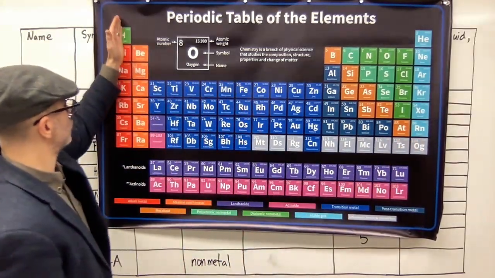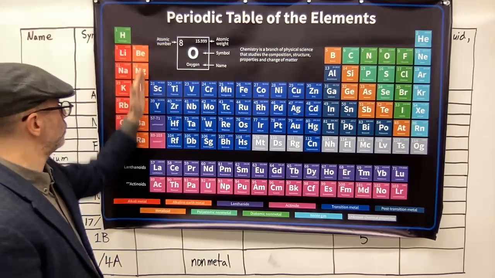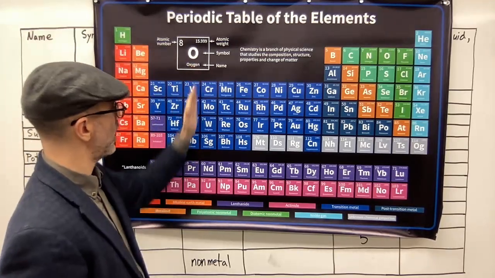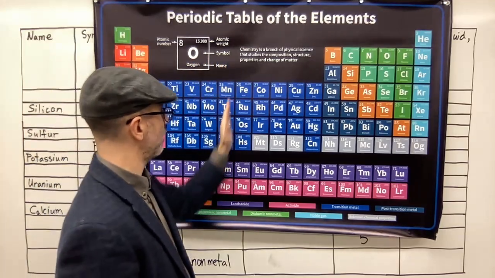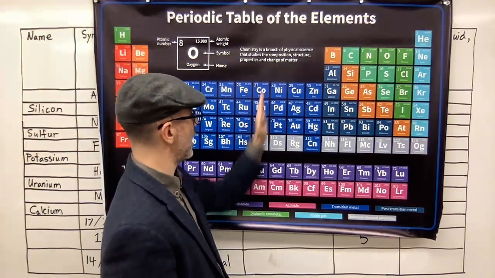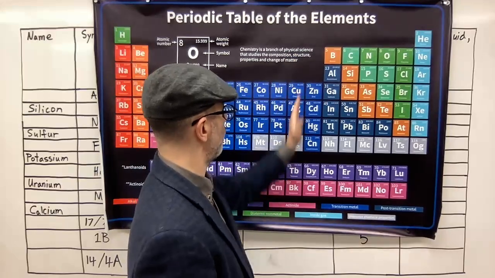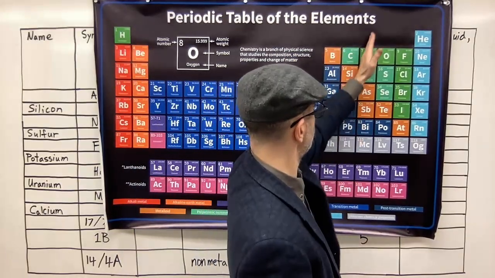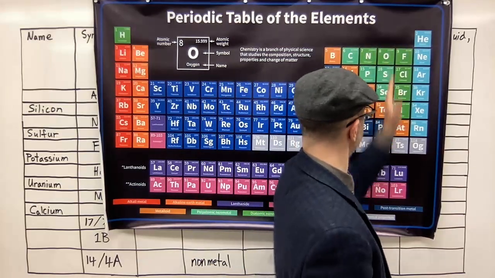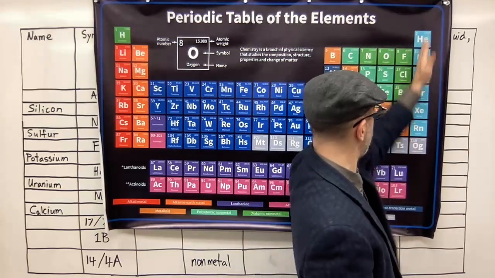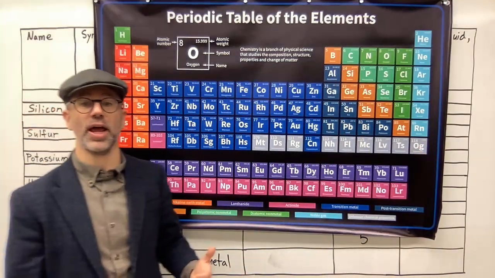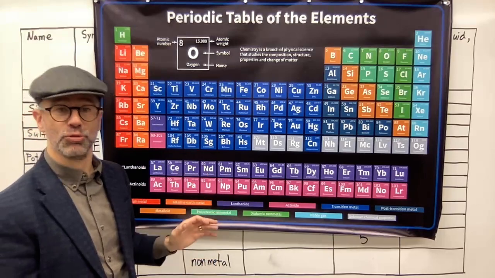So this would be group 1, group 2, 3, 4, 5, 6, 7, 8, 9, 10, 11, 12, 13, 14, 15, 16, 17, and 18. So that would be the IUPAC or more modern way of numbering the groups.